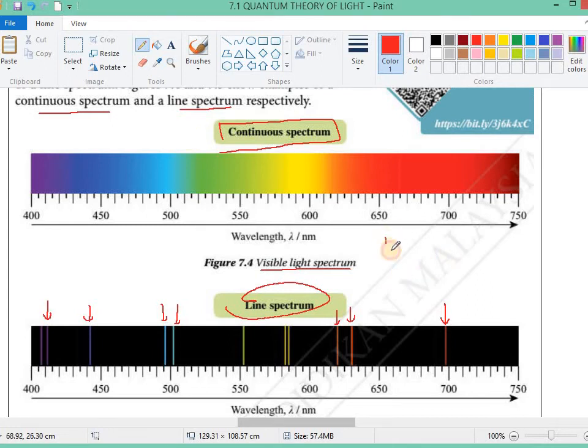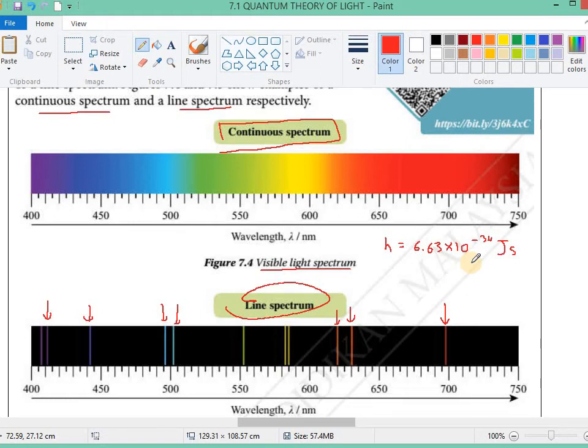Planck constant is 6.63 times 10 power of negative 34 joule second. So you see this number is extremely small. That means when there is a small change in frequency, the change in energy is even smaller.